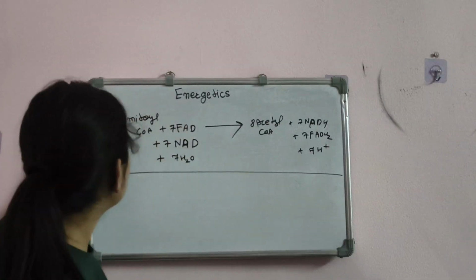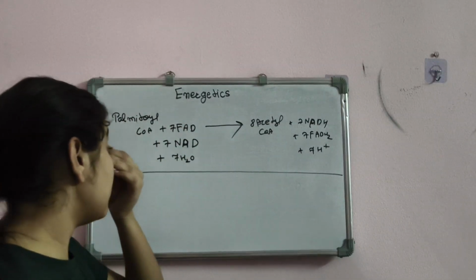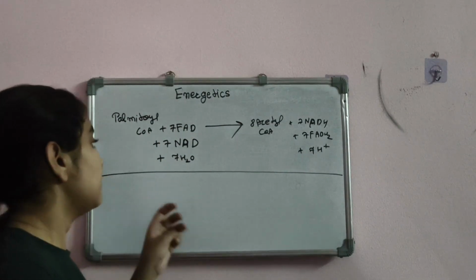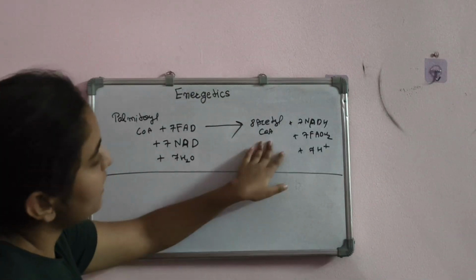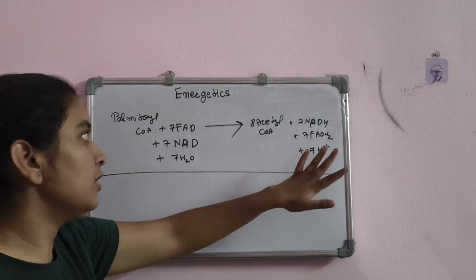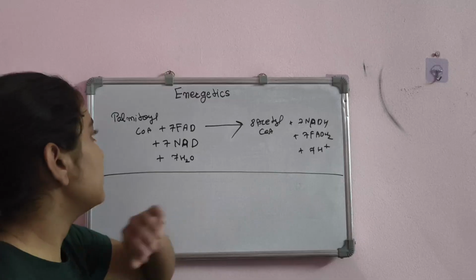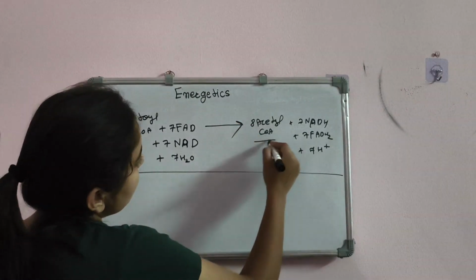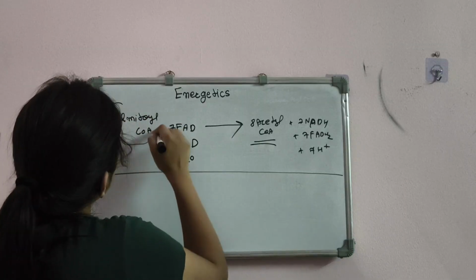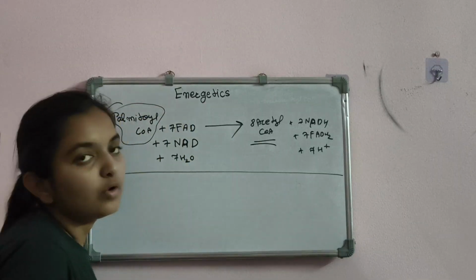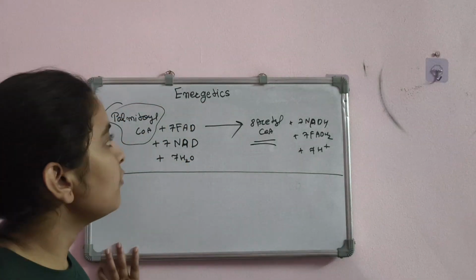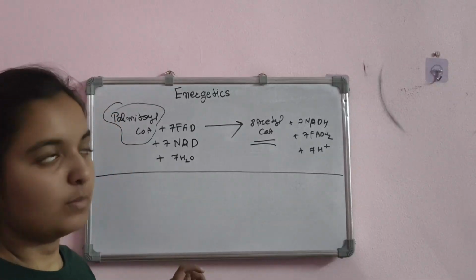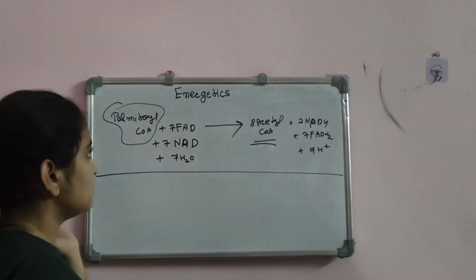So basically palmitoyl CoA plus 7 FAD plus 7 NAD plus 7 H2O forms 8 acetyl CoA plus 7 NADH plus 7 FADH2 plus 7 H plus. So for the formation of 8 acetyl CoA, palmitoyl CoA has to go through 7 cycles of beta oxidation. So what are the energetics? Let's see.